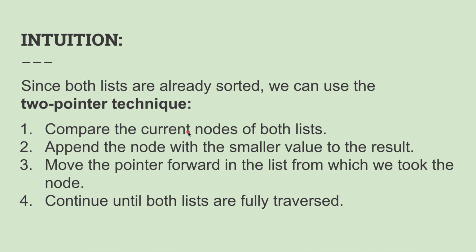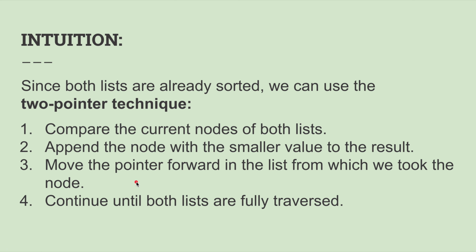When we compare the current node of both lists, let's suppose the first list has 1 and the second list also has 1, so we are comparing 1 with 1, right? So the first step is to compare the current node of both lists, then append the node with the smaller value to the result.